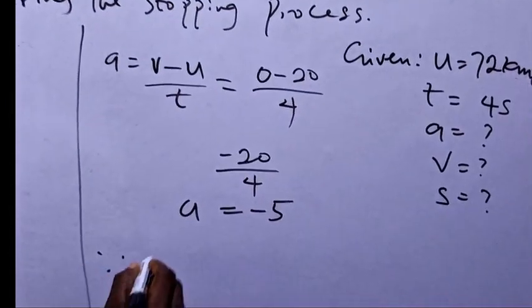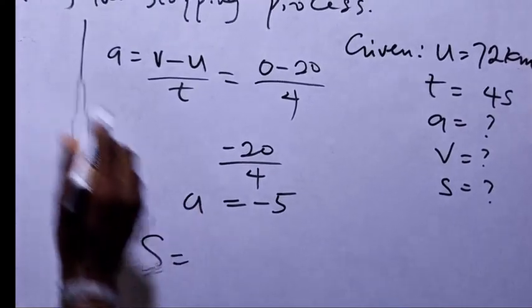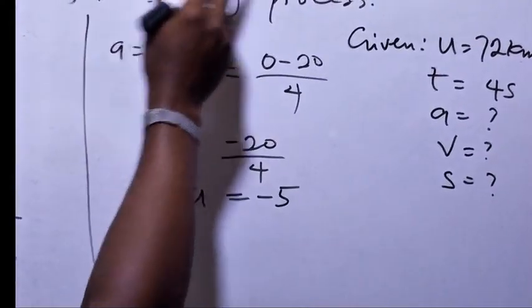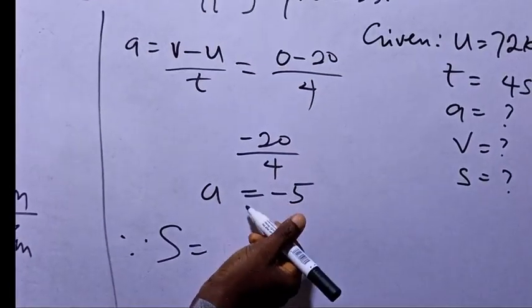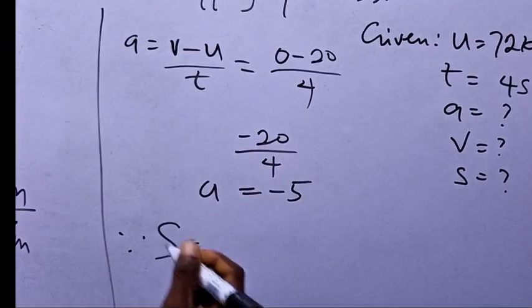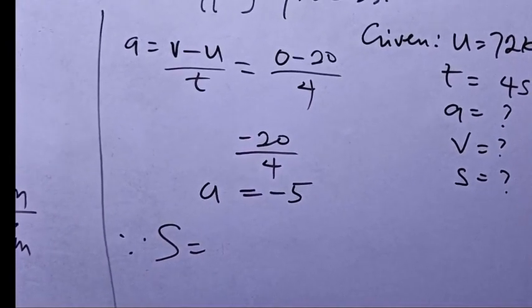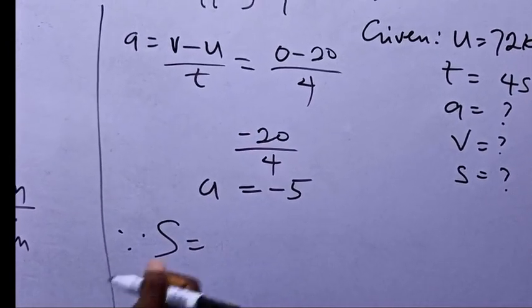We are asked to compute retardation and the distance traveled during the stopping process. This is retardation because minus 5 means that it's slowing; the speed is reducing.